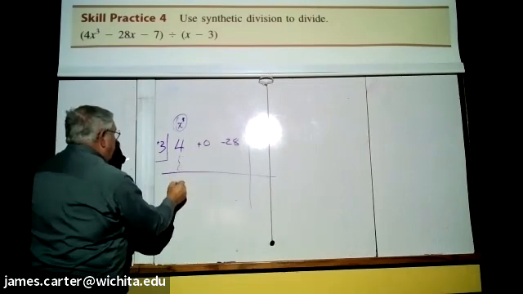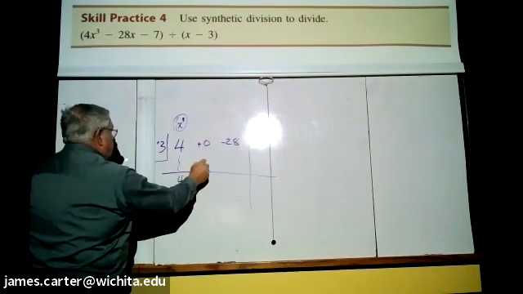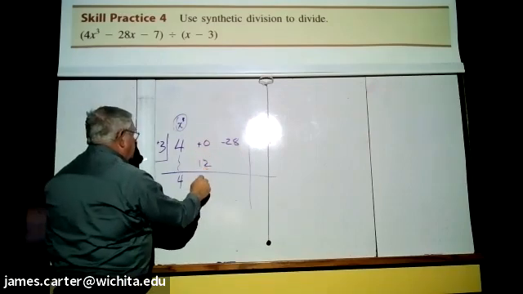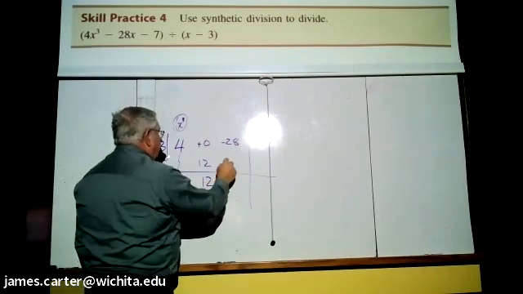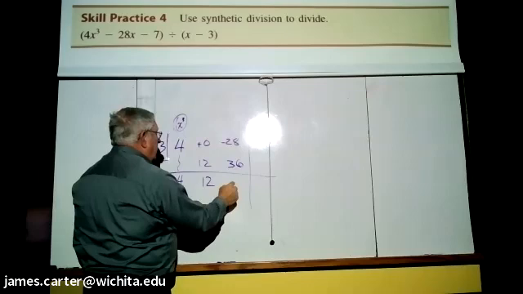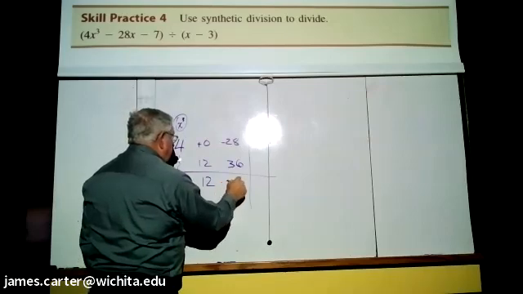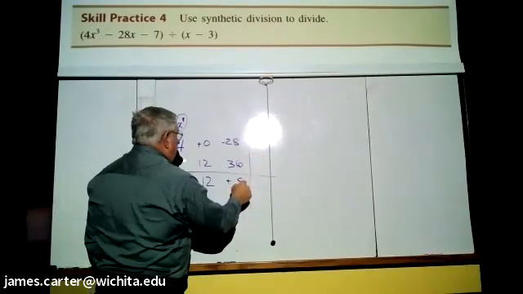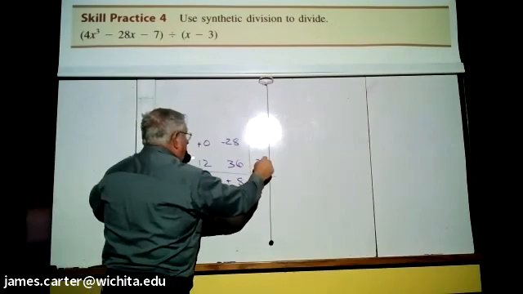Okay, I bring down the 4. 3 times 4 is 12. 0 plus 12 is 12. 3 times 12 is 36. And I get a positive 8. Okay, and 3 times 8 is 24.